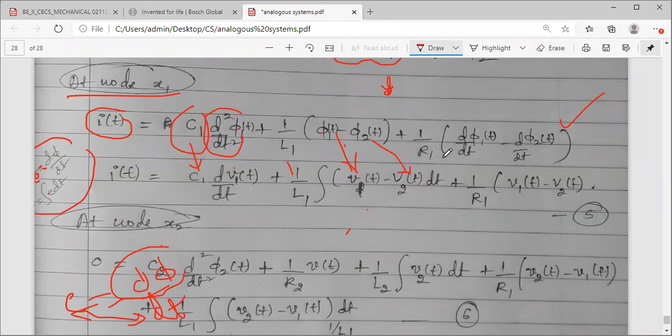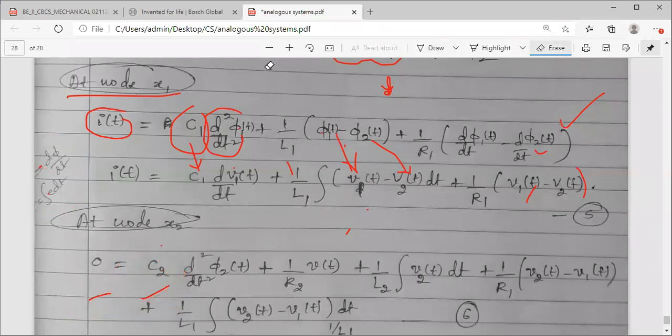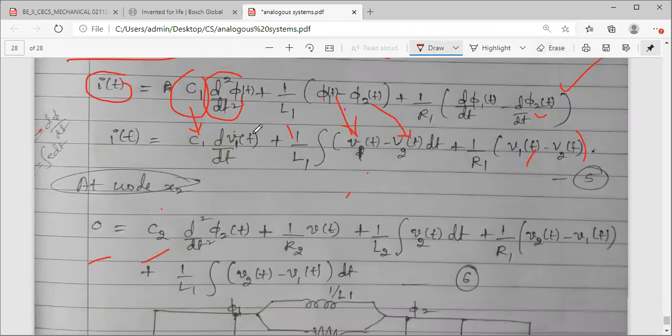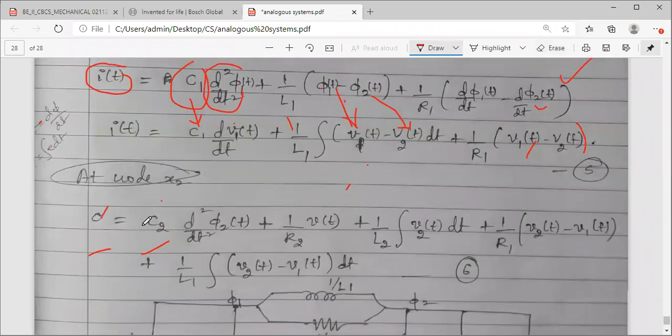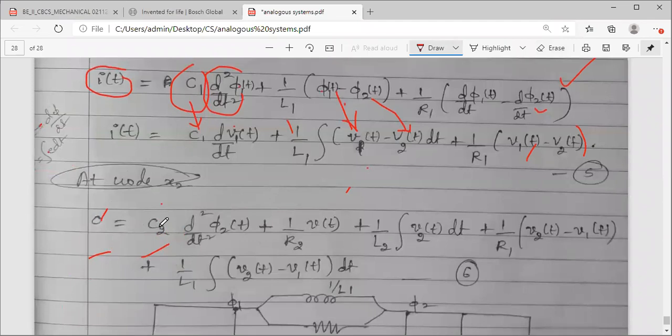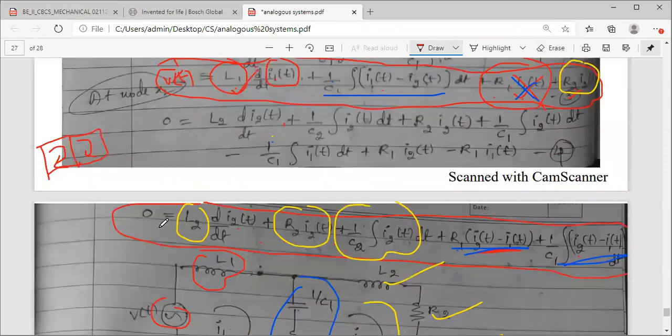And third term, 1 by R1, d phi by dt is V1, d phi by dt is EMF 1 and EMF 2, V1 minus V2. Keep the common terms same, don't expand it. Then similarly, for the second equation also, I have written the equivalent equation. 0 is equal to, why it is 0?